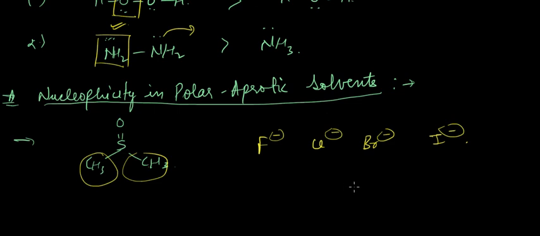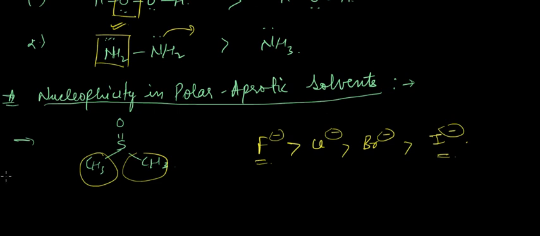Okay, so the order would be something like this, because as the size of the atom gets smaller, it would have more space to attack the electrophile, rather than this, which will also have more steric repulsion with respect to the two CH3s attached, in an aprotic solvent.